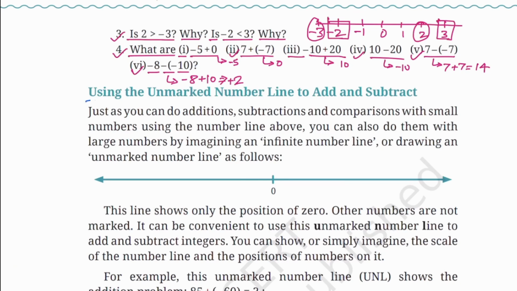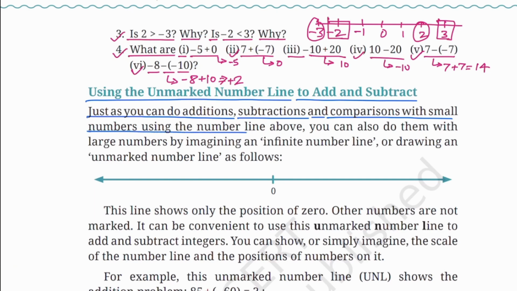Using the unmarked number line to add and subtract. Just as you can do additions, subtractions and comparisons with small numbers using the number line above, you can also do them with large numbers by imagining an infinite number line or drawing an unmarked number line as follows.